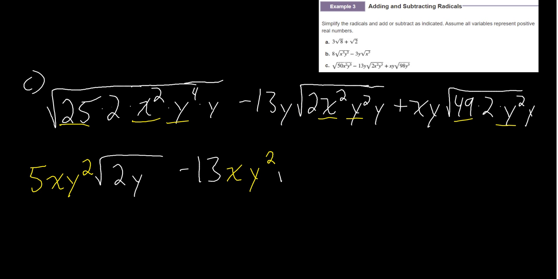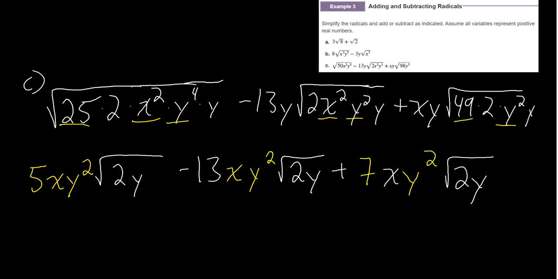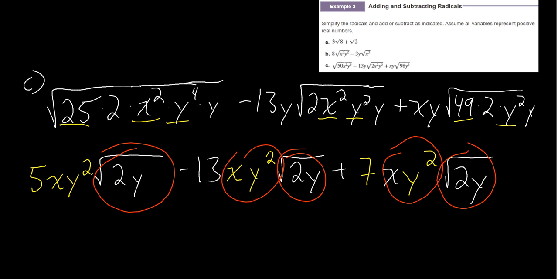And what remains is 2y, and then plus, we can pull out the 7 there, square root of 49 is 7, and then the x remains, so let's just put that in yellow, and then the square root of y squared is y, and then y times y is, again, y squared, and all that on the square root of 2y.